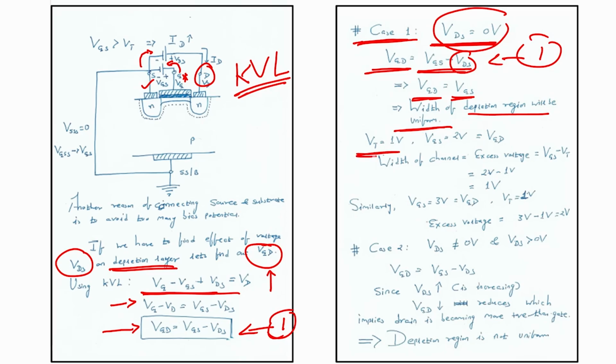If my threshold voltage is 1 volt and Vgs is 2 volts, then Vgd will also be 2 volts.